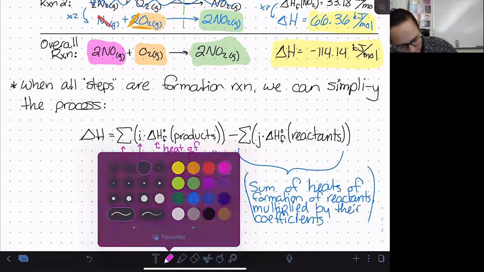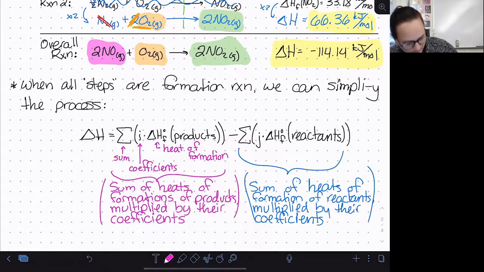So you're just taking these pieces of information and subtracting. It's a lot easier when you see it in action.